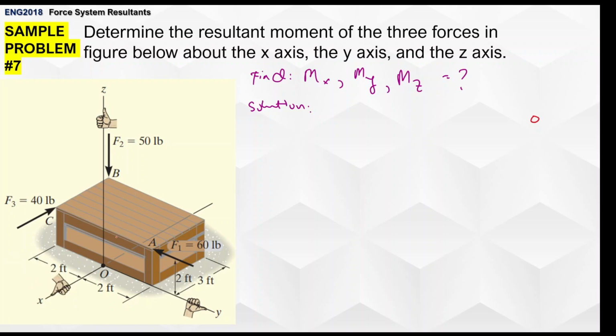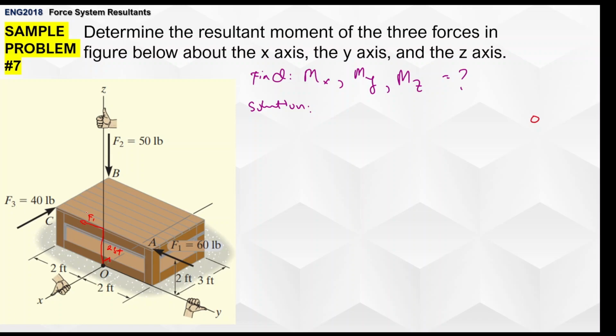Applying the principle of transmissibility, we can put force 1 here, and its perpendicular distance about this x-axis is about 2 feet. This is positive, I can tell because it's a counterclockwise rotation about the x-axis.